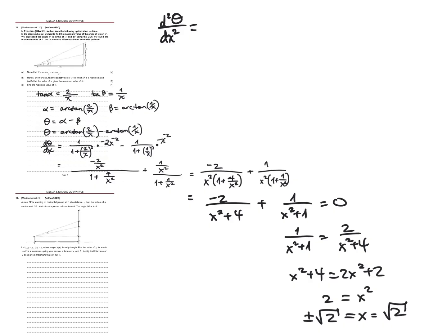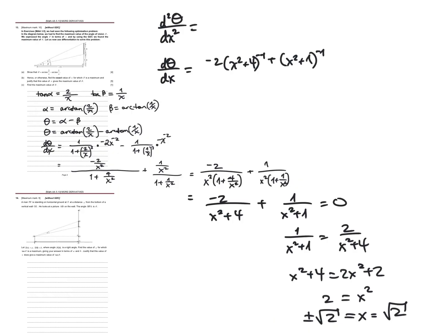Okay, so this is our first derivative, so let me write d theta dx here is negative 2 times x squared plus 4 to the negative 1 plus x squared plus 1 to the negative 1.